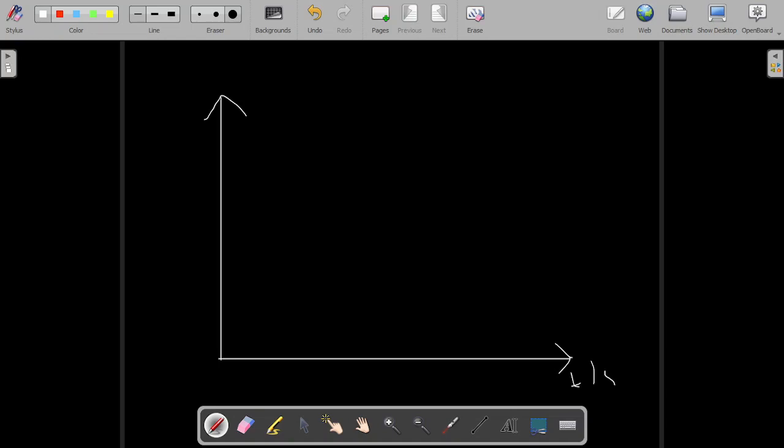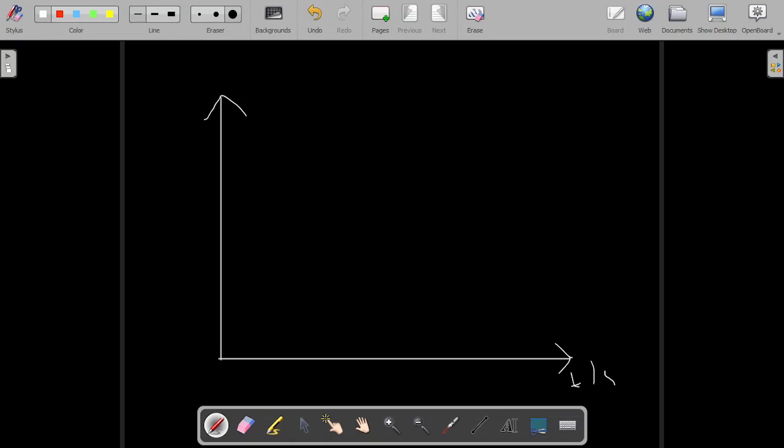From this point to this point is 10 seconds, because that's the time, and here is the uniform acceleration of 2 meters per second square.